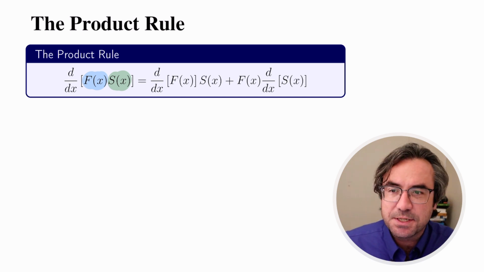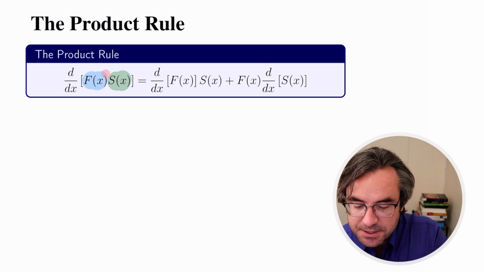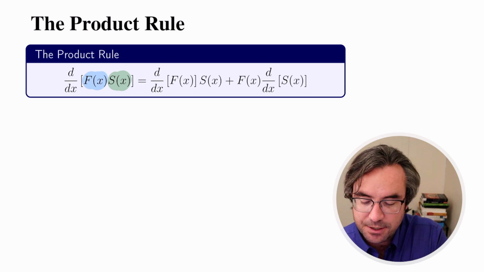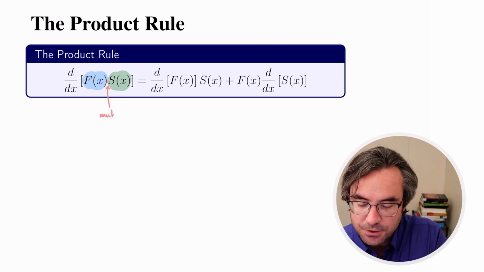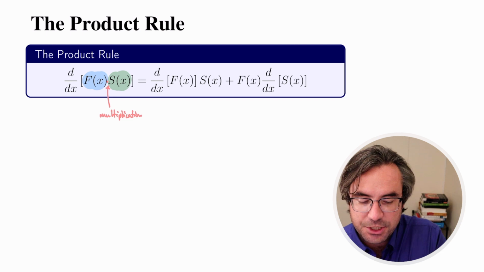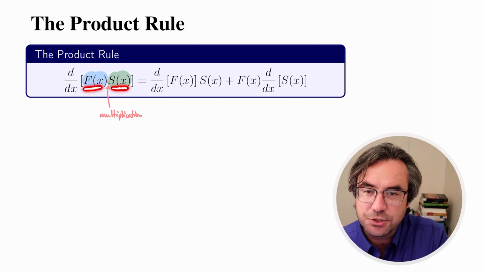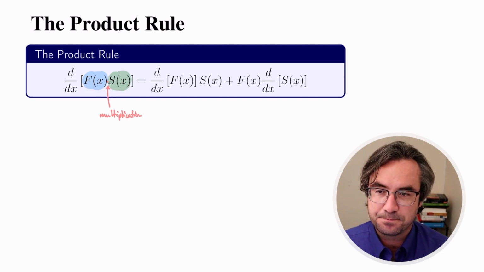It's not explicitly stated, but there is multiplication going on right in the middle there. So that's what the product rule is used for. It's used to help us differentiate when we're multiplying two variable terms.